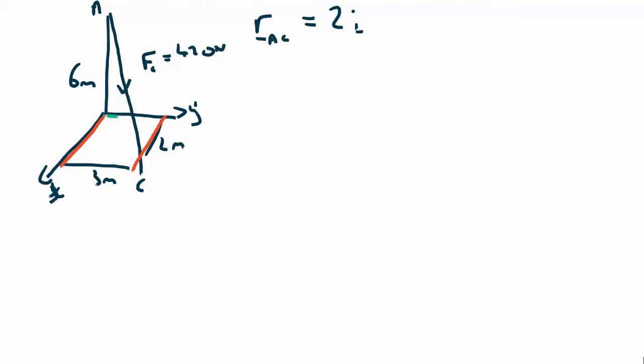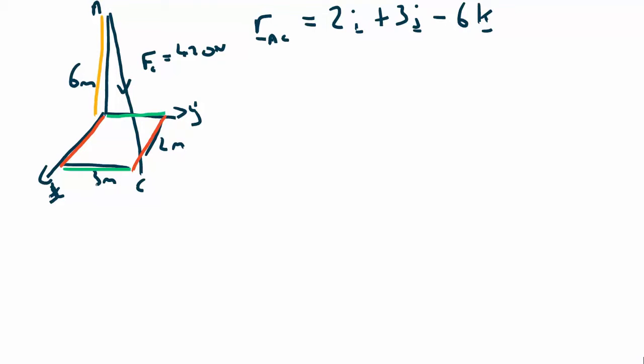In the y direction, you're moving 3 meters to get from A to C, so that's plus 3j. And in the z direction, you're moving down from A to C, 6 meters. So that's minus 6k.